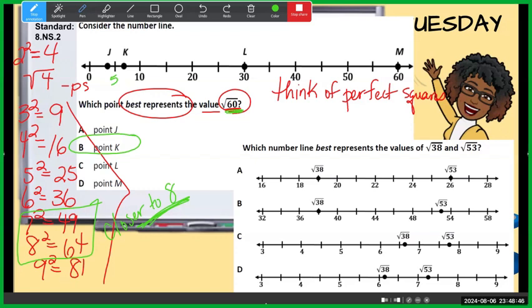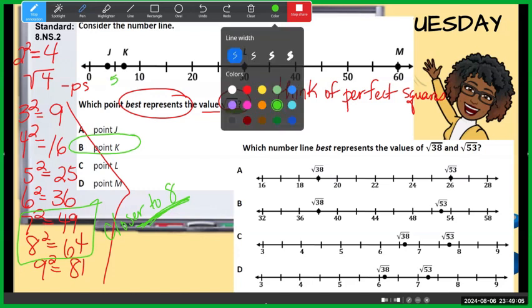All right, the second question: which number line best represents the values of the square root of 38 and the square root of 53? Once again, we already have our squares.